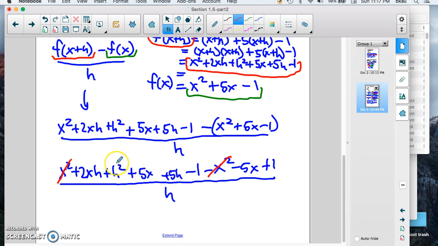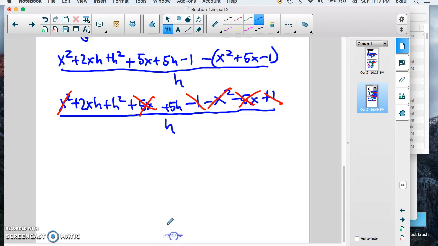The 5x here is going to be gone with this 5x, and the positive 1 and the negative 1 are going to be gone, so we can reduce those. So we're going to end up with a little bit simpler expression. I have 2xh plus h squared plus 5h over h.